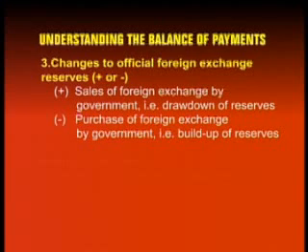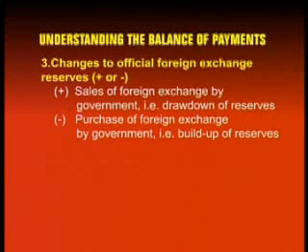Now, when the government supplies foreign exchange to the market, that is, when it sells its foreign exchange or its dollars into the market, that would be shown with a positive sign because it increases the supply of dollars. On the other hand, when it purchases foreign exchange in the market, then it reduces the supply of dollars in the market, and therefore it is shown with a negative sign.